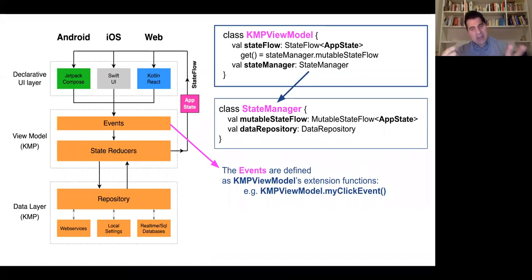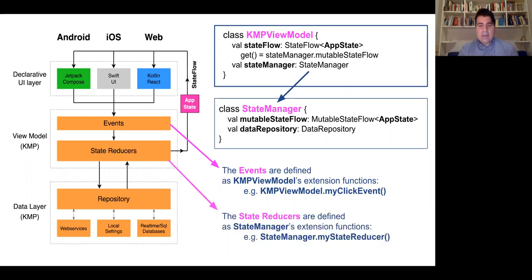So the UI layer can directly call the event simply by calling the function on the KMP view model, which is shared. And what are the state reducers? We define the state reducers as extension functions of the state manager. Similar concept.